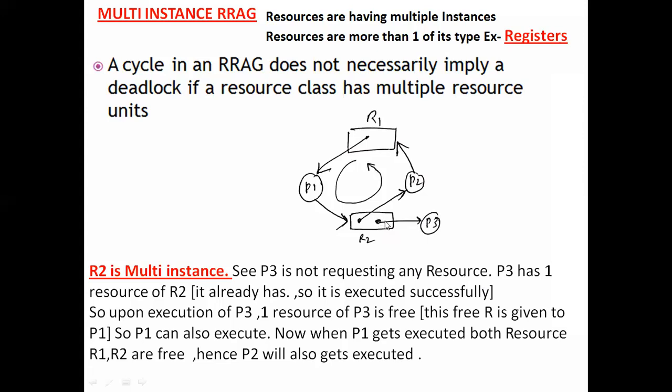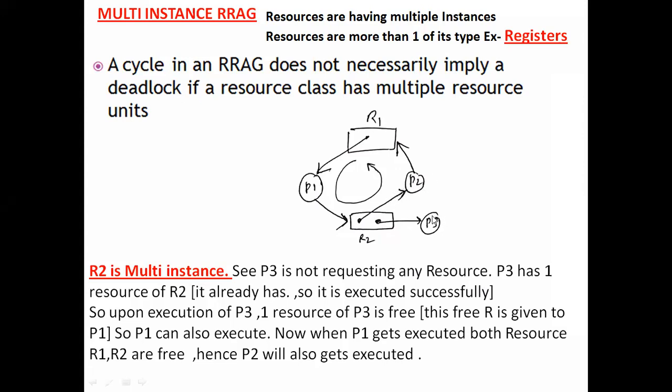This free resource of R2 will be assigned to the process P1, so P1 can also execute. When P1 gets executed, both resources of R2 will be freed. Hence the P2 process, which was requesting one resource, can also get executed.